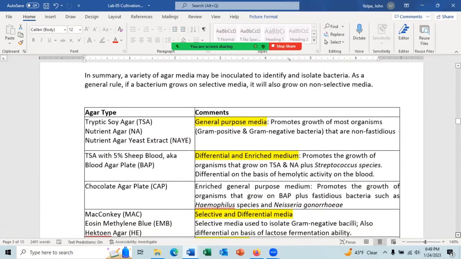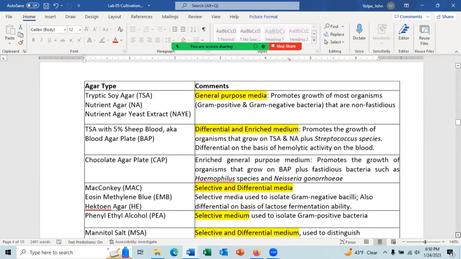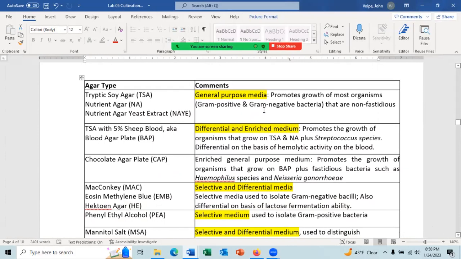All right, this table is summarizing the different types of media. General purpose media, of which there are 3, TSA, NA, and NA, promotes the growth of most organisms, but not fastidious organisms. To grow on a general purpose media, they have to be non-fastidious. And then we have enriched media, and the first one is both differential and enriched, and that's blood agar plates.